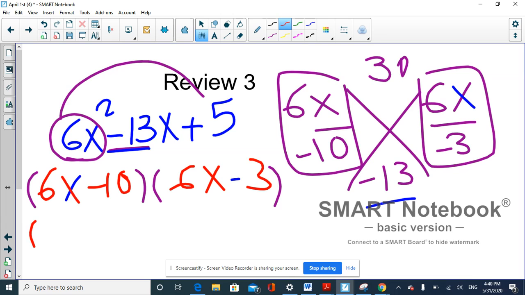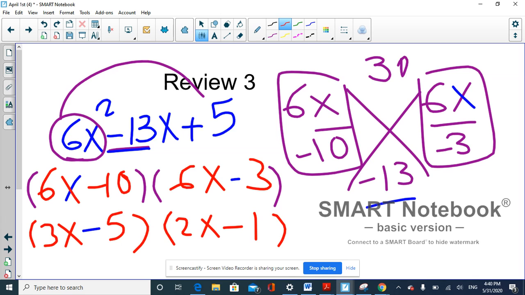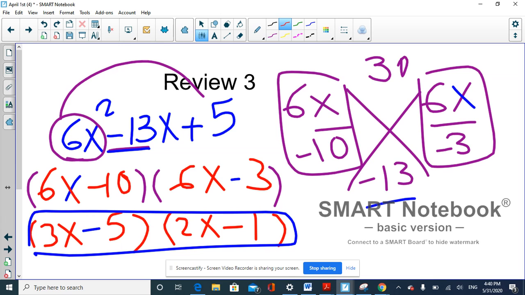The first one can be divided by 2. 6 divided by 2 is 3x, 10 divided by 2 is negative 5. The second factor, divided by 3, 6x divided by 3 is 2x, and 3 divided by 3 is 1. This is the answer. If you want to factor completely, this is the answer.